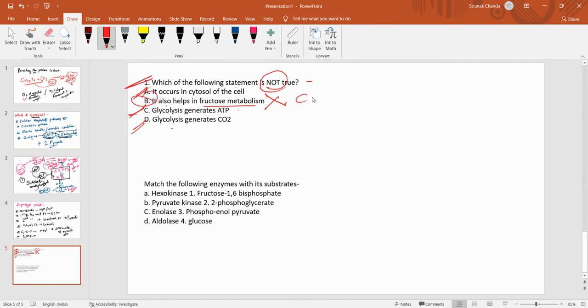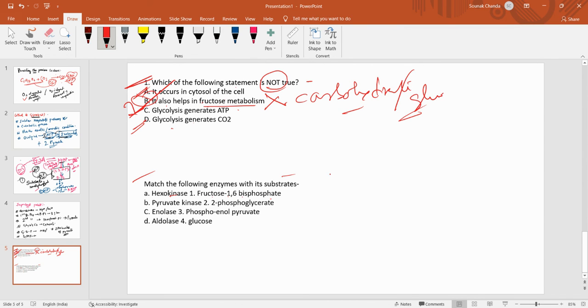It is basically a carbohydrate or glucose metabolism. So option B is the correct answer. Let's move on to the next. Match the following enzymes with their substrates. Okay, fine. Hexokinase: option 1 says fructose 1,6 bisphosphate.